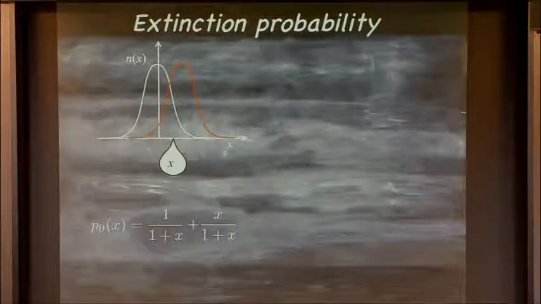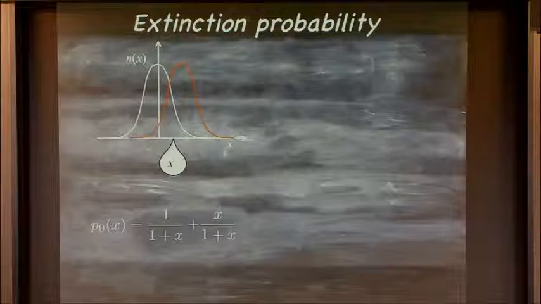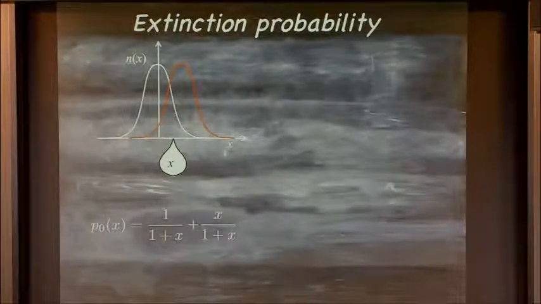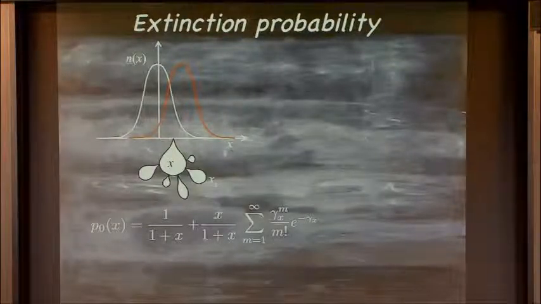But with probability 1 minus this extinction probability, which is to say x over 1 plus x, it will not become extinct right away and will grow into a largish clone. And then it will have an opportunity to recombine and start new clones on different backgrounds.